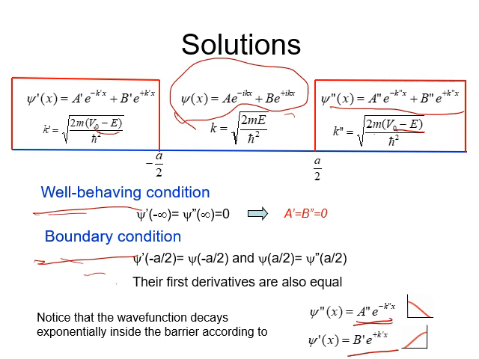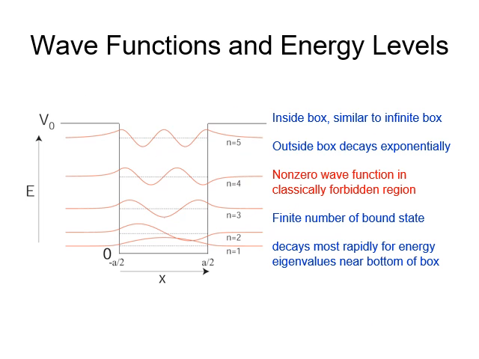Here are the two wave functions outside the box. And it's easier if we look at the plots. So next slide. Here are the plots of some of the allowed wave functions. Let's compare with the 1D box model where the potential energy becomes infinity at the two ends. So the first wave function is like this.